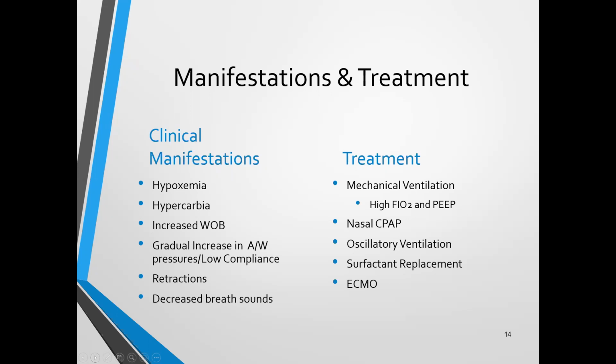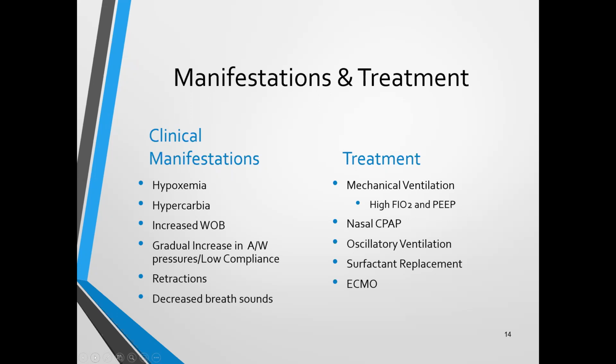Some of these patients, just to have reasonably acceptable saturations, need high FiO2s and high PEEPs. The team just needs to be sure that they're monitoring blood gases and pulse oximetry, so that as the child improves, we're not over oxygenating and over peeping them.